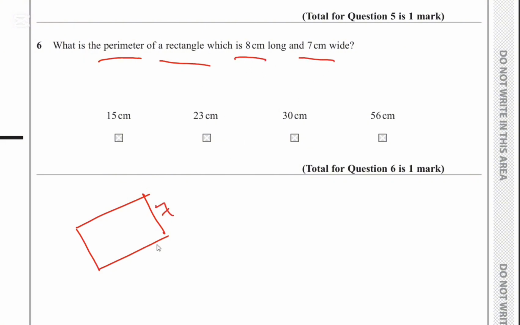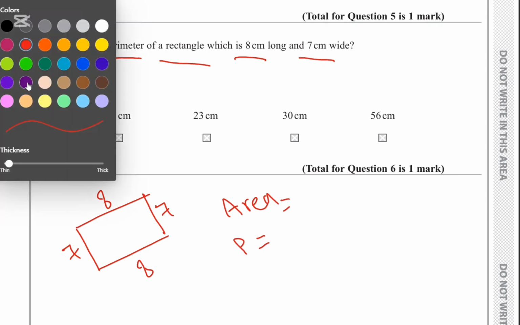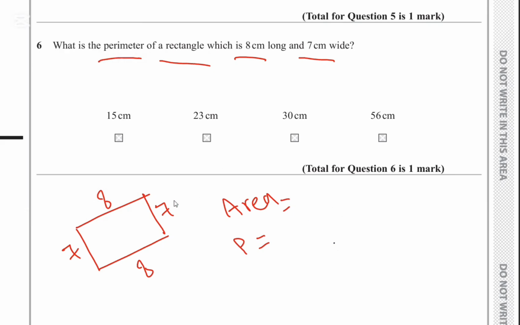We know opposite sides are equal, so this is 7 and this is 8. Now I could be asked about the area or the perimeter. Here I'm being asked about the perimeter.